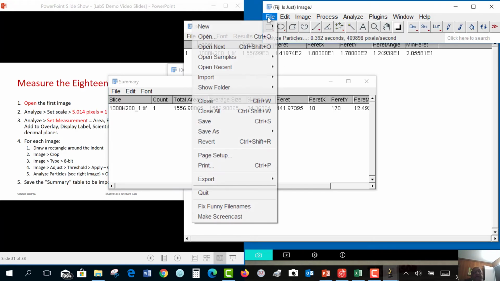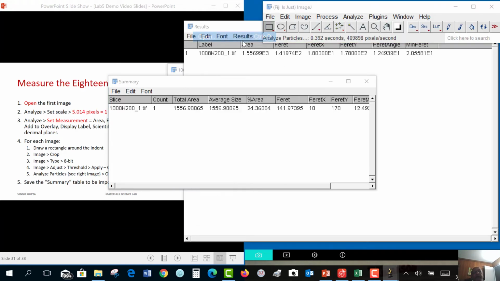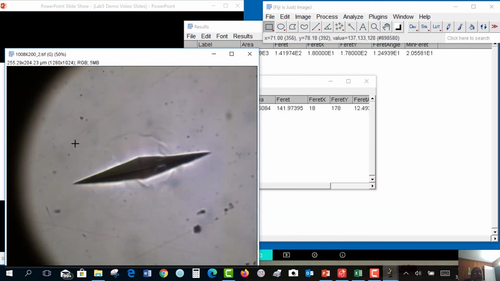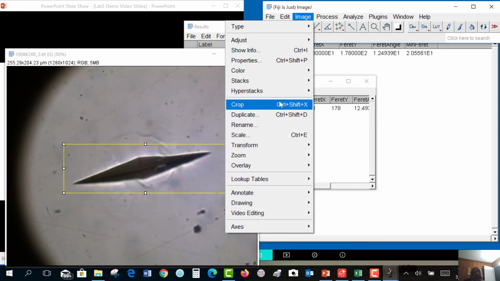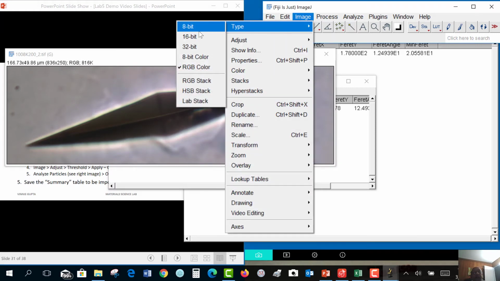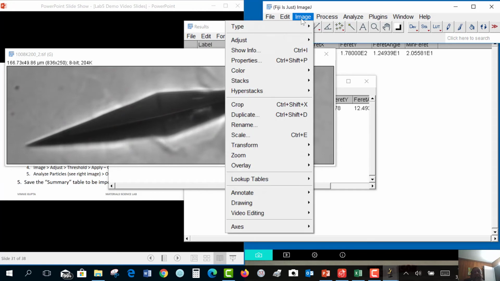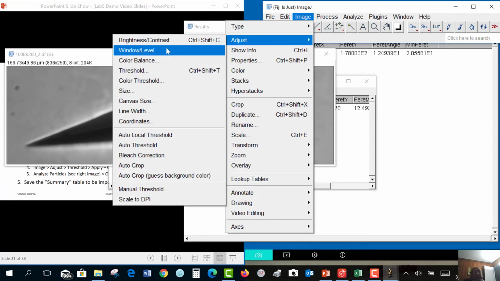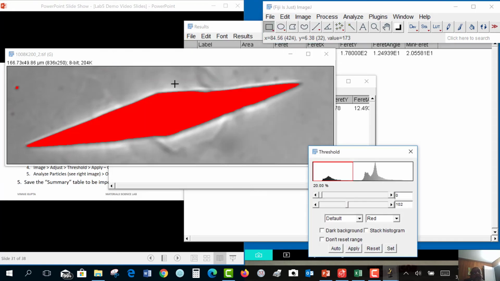Let's go ahead, open the next. Now we're just going to draw a rectangle, crop, change it to gray level, threshold it. So now it is black and white.